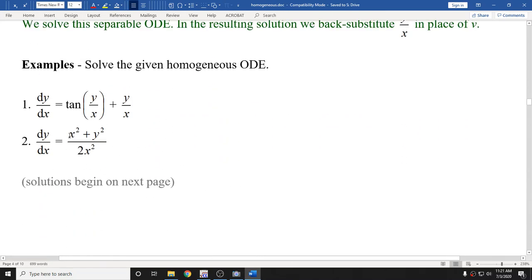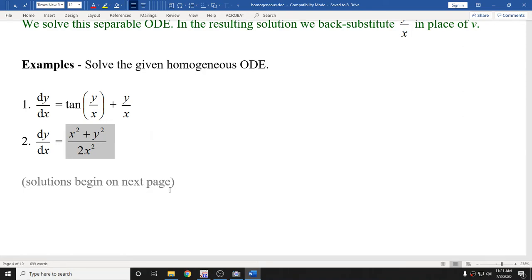So all I have to do to make the right side be dependent on the variable y over x is divide top and bottom by x squared. So let's do that. We have dy/dx equals x squared plus y squared over 2x squared.